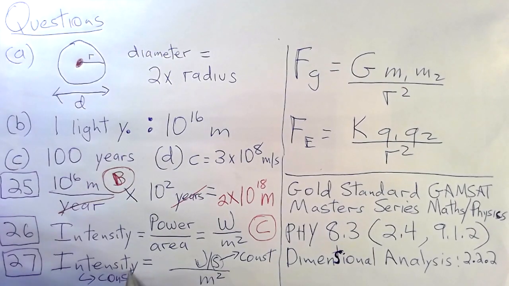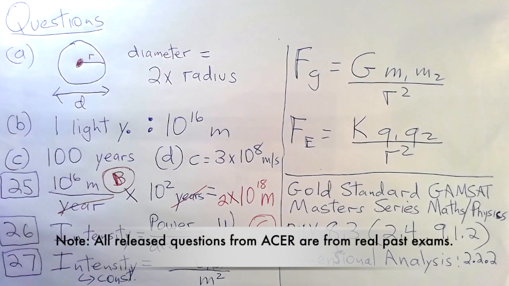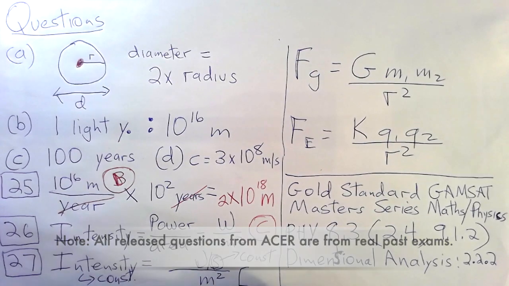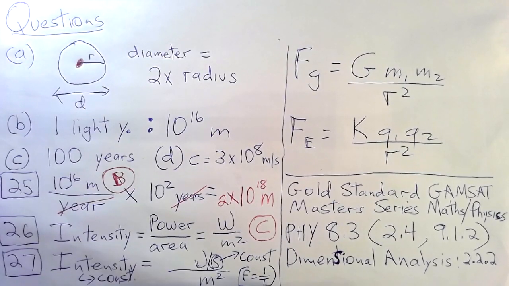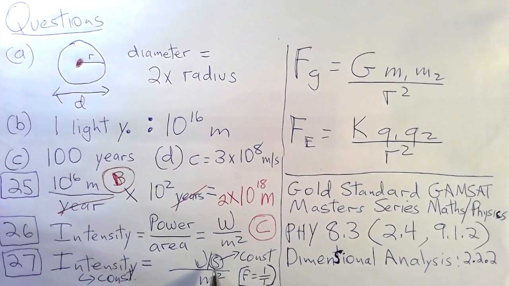Now, in GAMSAT Practice Test 3 from ACER, question 5 is a question that brings up frequency. And of course, frequency is the inverse of time. Commonly, people remember it as frequency is 1 over the period. It's actually the time period, T. And so 1 over T is going to be constant. That's the frequency.